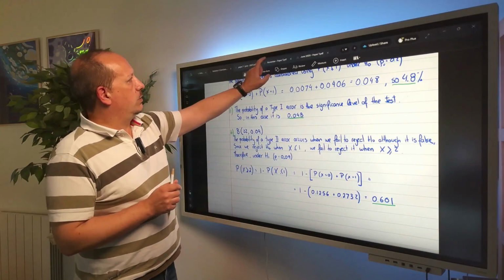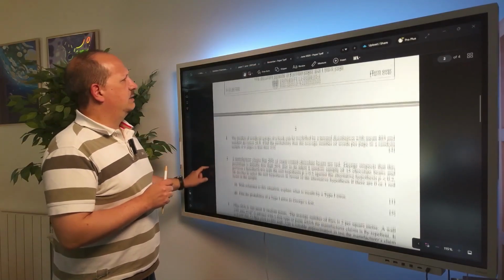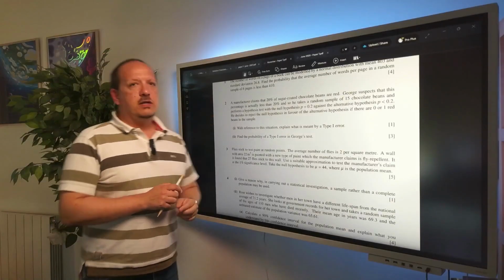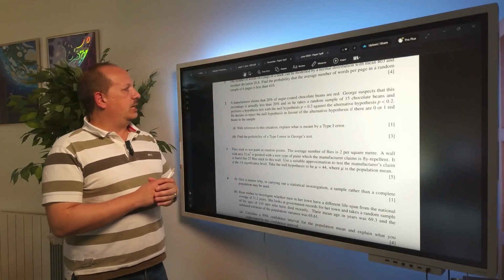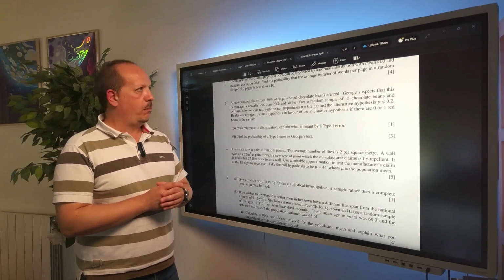Let's go to another one, paper 7. This is from 2005, question 2. It says, a manufacturer claims that 20% of sugar-coated chocolate beans are red.